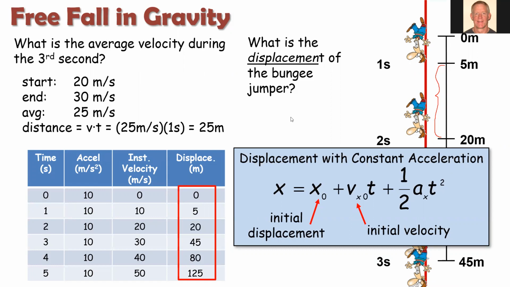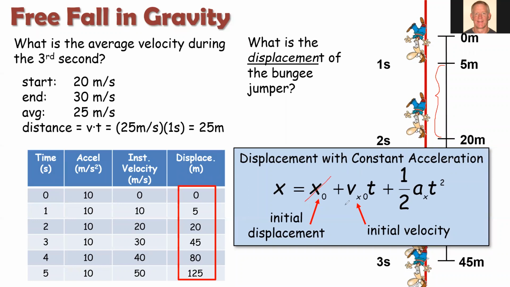So this again applies for free fall or any motion where we have constant acceleration. Now this looks a little complicated, but two of the terms here are if we have either an initial position that's different than 0, or we have an initial velocity that's different than 0. But in many of the problems that we're going to be working with, our initial position will be 0, so we can cross out that term.